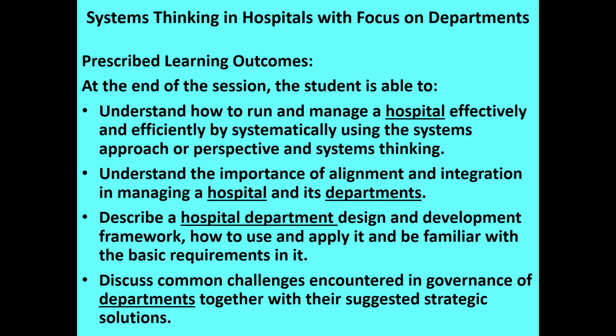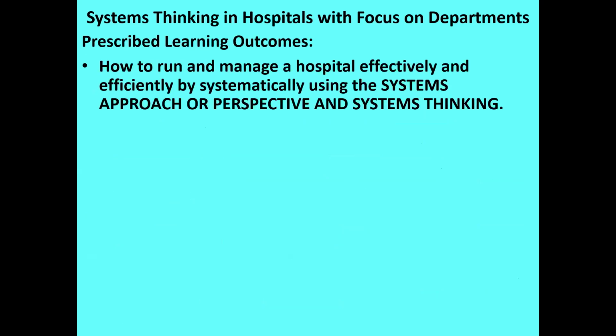Describe a hospital department design and development framework, how to use and apply it, and be familiar with the basic requirements in it, and discuss the common challenges encountered in the governance of departments together with their suggested strategic solutions. And how to run and manage a hospital effectively and efficiently by systematically using the systems approach, perspective, and systems thinking.